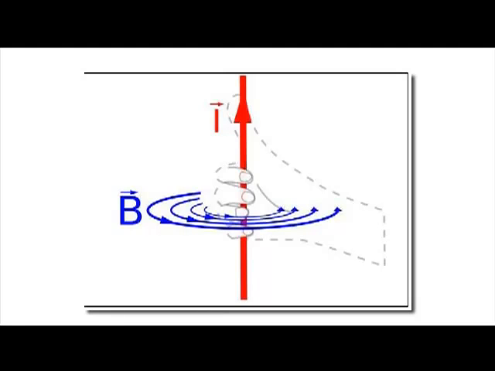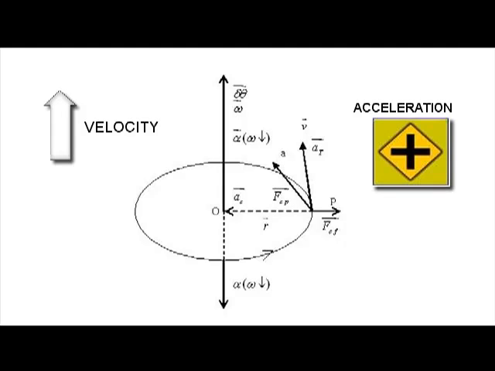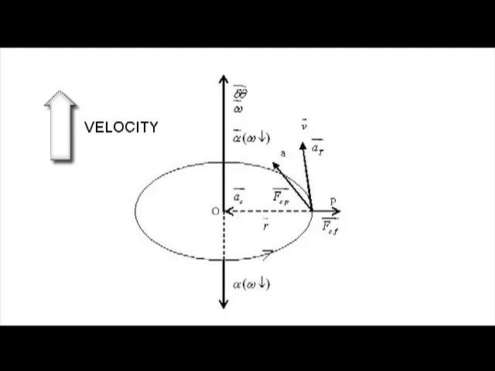One more direction is also shown for vector alpha. It is below the axis, or rather it is below the plane of the motion. Why are these two directions there for alpha? All of you know that whenever velocity increases, the direction of acceleration is same as the direction of velocity.